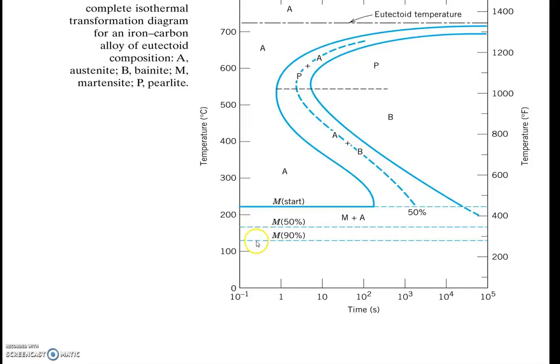I'm still on that vertical line, as opposed to here, where there's a time span between the transition. This is just a rapid cooling. So the transition from austenite to martensite is practically instantaneous. So that's the other difference.